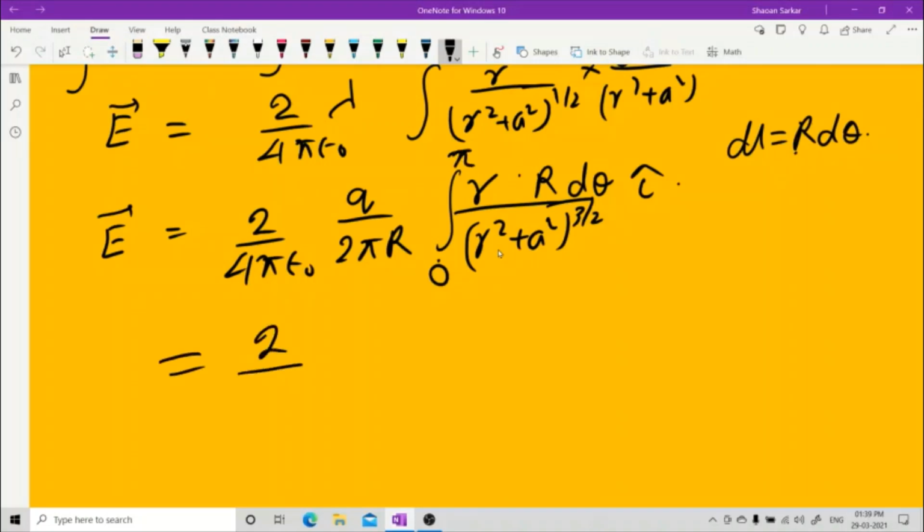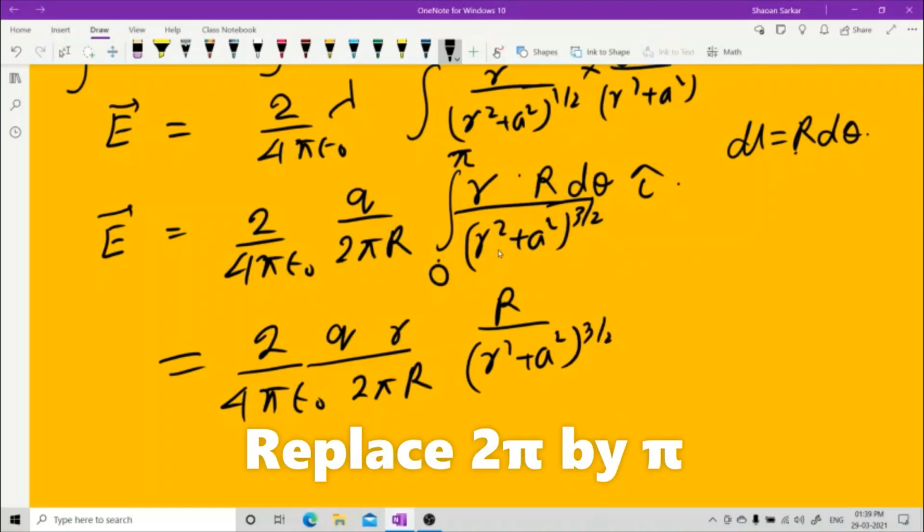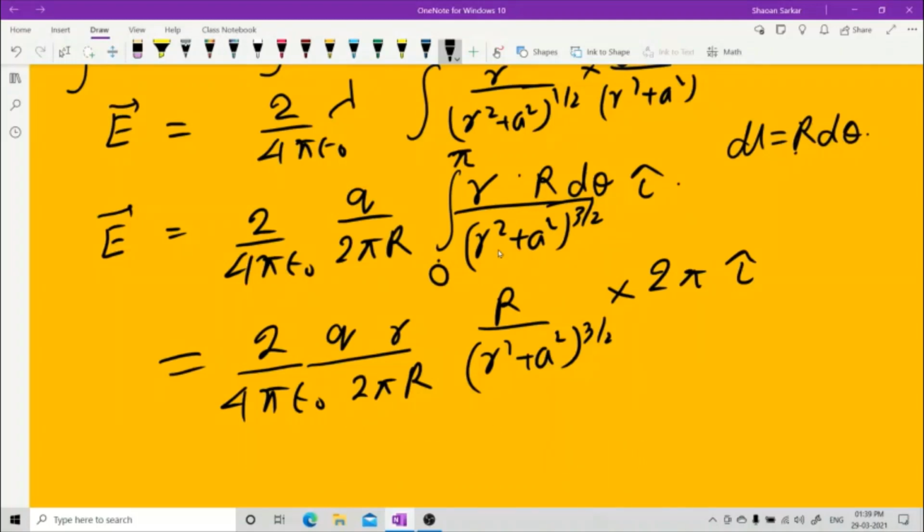2 by 4 pi epsilon naught Q, this becomes 2 pi R. This R comes out, this R also comes out, and r square plus a square to the power of 3 by 2 comes out. Then d theta integration 0 to pi, 2 pi R cancels out. What you are left with is 2.